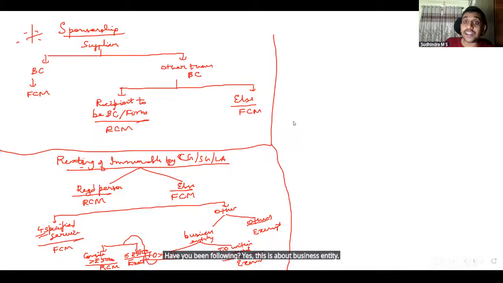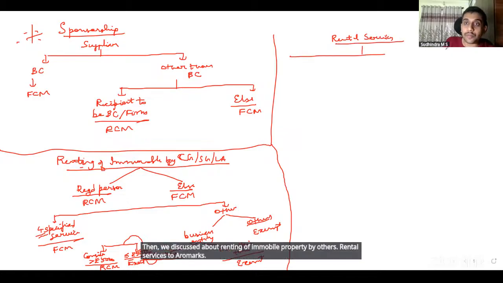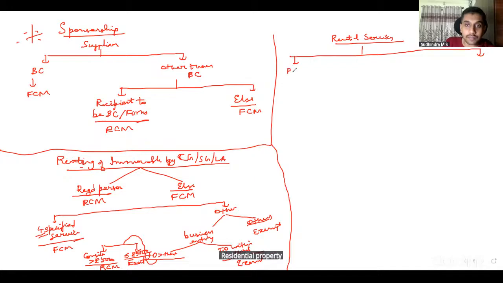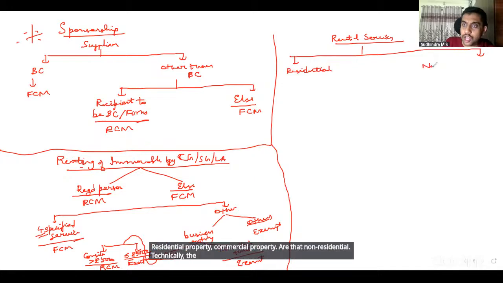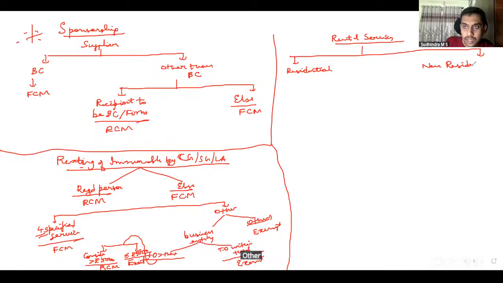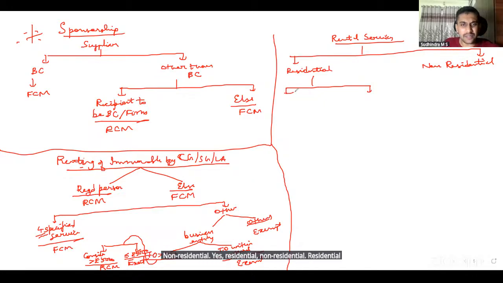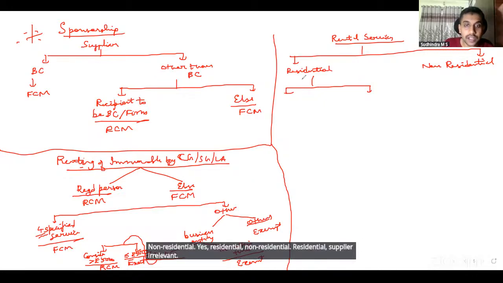Then we discussed renting of immovable property by others. Rental services, two arrow marks: residential property, and commercial property, technically the wording we have to use is other non-residential. For residential, the supplier is irrelevant. I have to see who is the recipient.